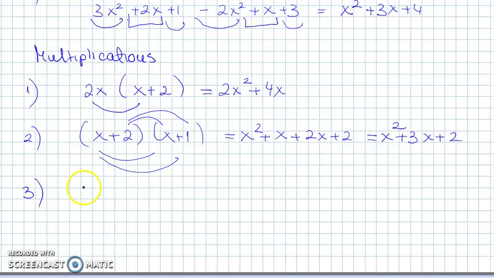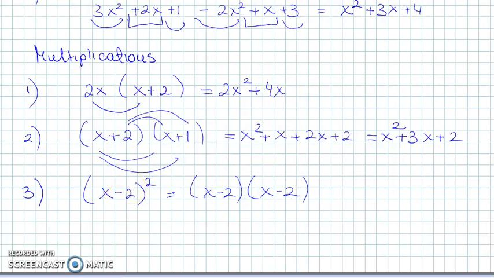The third example that I want you to pay attention to is if I have a square of a binomial. So with a square, you will be the safest if you rewrite this as x minus 2 times x minus 2 and continue doing the same thing as in example number 2.